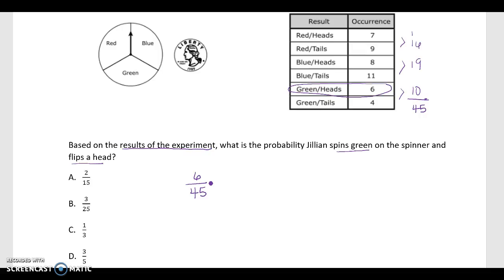So that's not it. So let's try 3. So 45 divided by 3. 1 times 3 is 3. 15. 3 times 5 is 15. All right, awesome. So divide by 3. Divide by 3 is 2 over 15. Perfect.